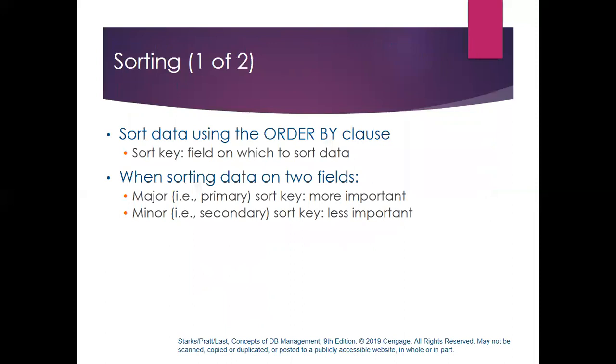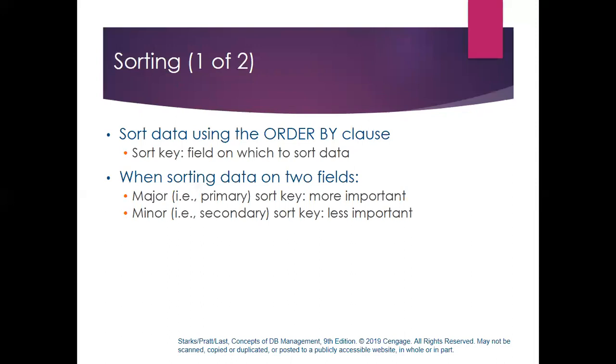You may recall that concerning the elements of a relation, the order of rows in a table is not important. So if the order of the results of a query is of significance, you should request that the data be displayed in a desired order. This process is known as sorting. In SQL, you sort data using the order by clause.